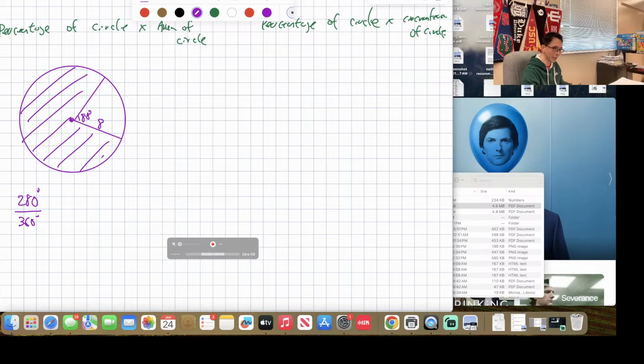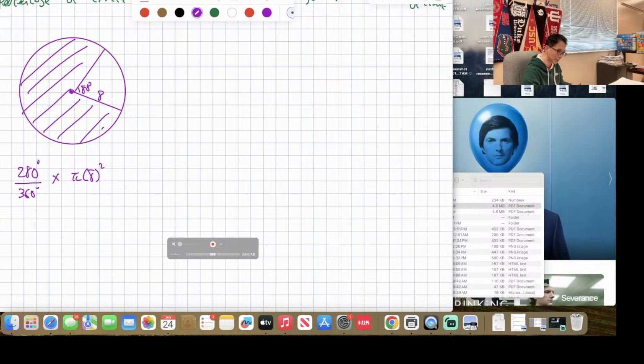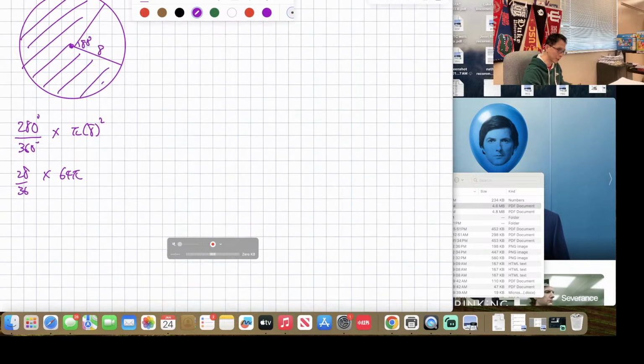And then all you gotta do is times by this area, which is pi r squared. So pi times 8 squared. And all you gotta do is simplify. So that's gonna be 28 over 36 times 64 pi. And that's gonna be divided by 4. That's a 7 over 9 times 64 pi.